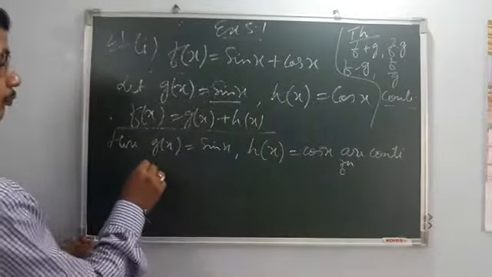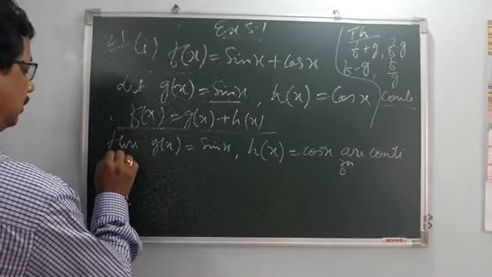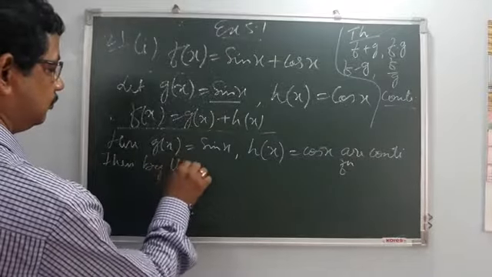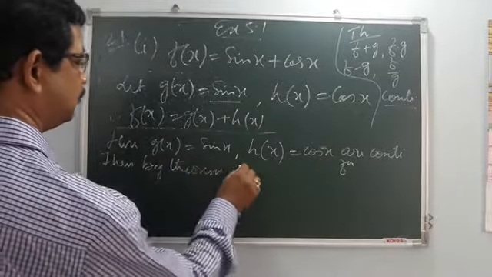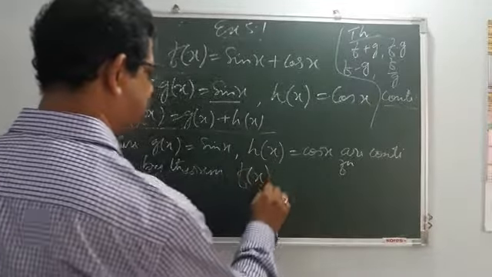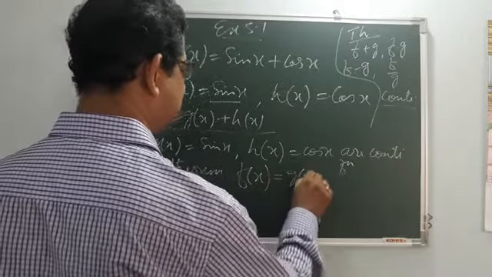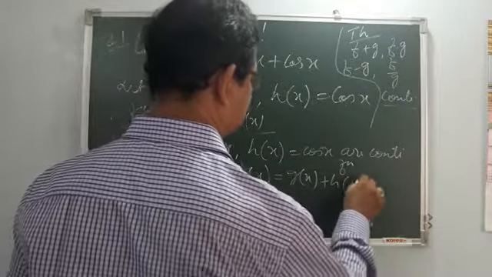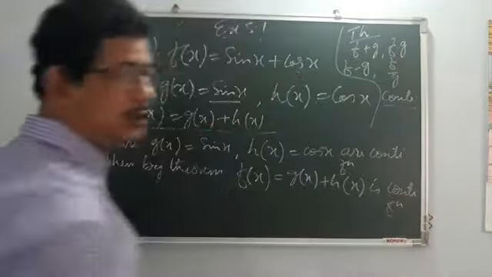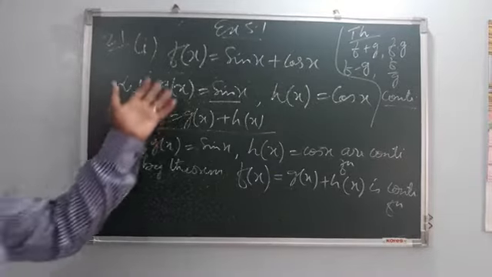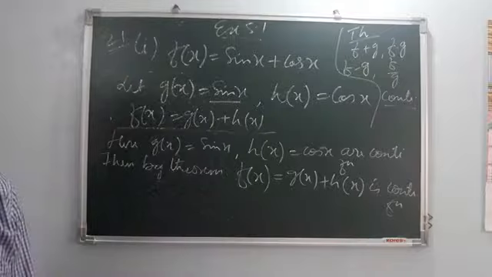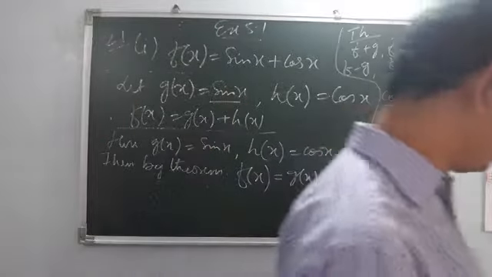Therefore, by the theorem, we will write f(x) = g(x) + h(x) is a continuous function. So this is your answer. If f(x) can be written as the sum of two continuous functions, then their sum is continuous. So this is the first part of question number 21.